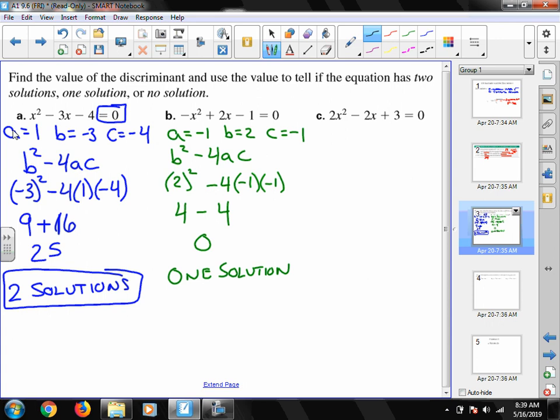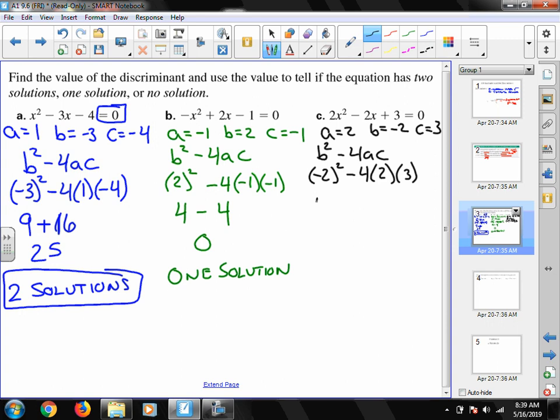And the last one, you guys can probably take a guess at it, but we'll take a look at it anyway. a is 2, b is negative 2, and c is 3. Again, plug into b squared minus 4ac. So I'm going to go negative 2 squared minus 4 times 2 times 3.